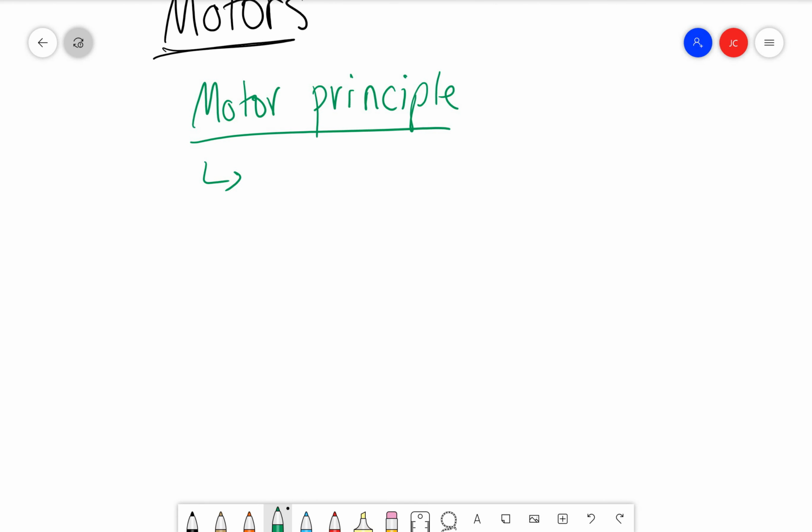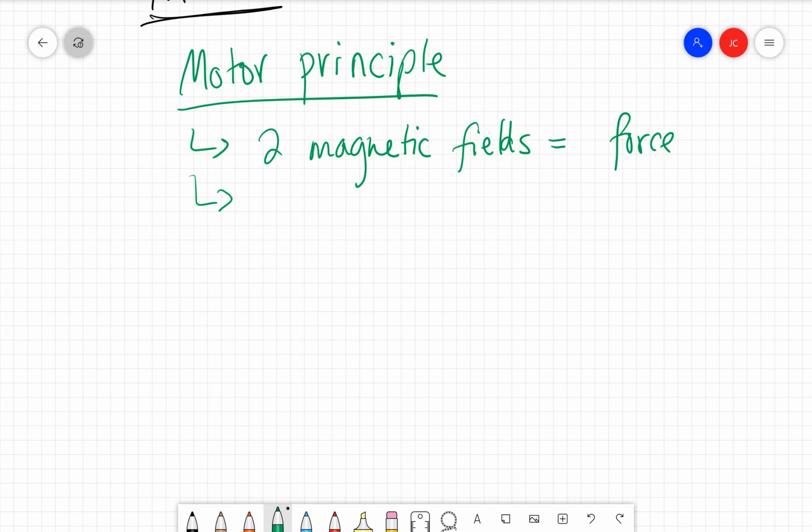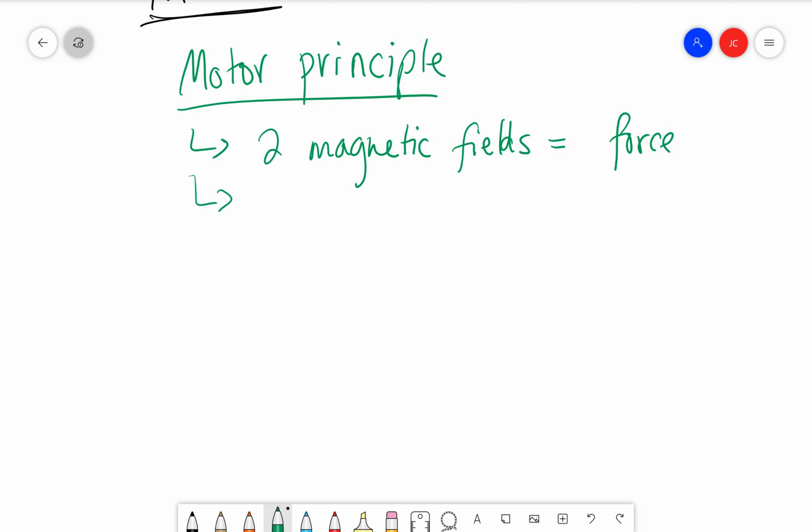First of all, when you have two magnetic fields and they interact together, you'll actually get a force. It creates force. This is kind of cool and is kind of the foundation of the motor principle. Now, if you have a conductor carrying a current and you put it into an existing magnetic field, you'll get a force that's perpendicular to the conductor's charge flow and the external magnetic field.